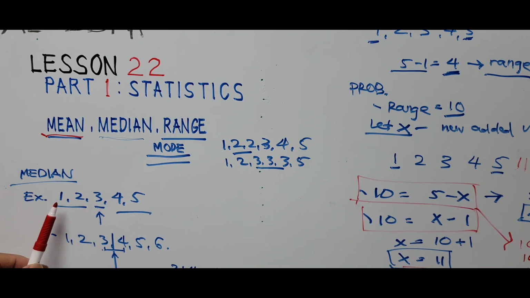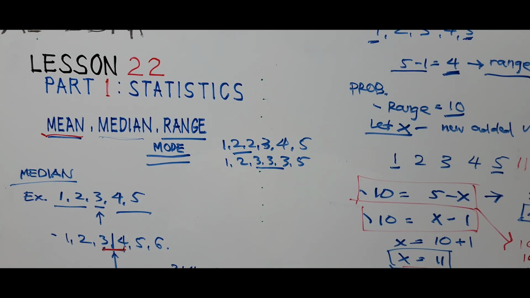If you have an odd number of values, the middle number is the median. But when it comes to an even number of values, say 6 values, you find the average of the two middle values to get the median.